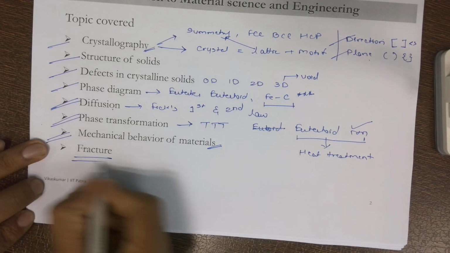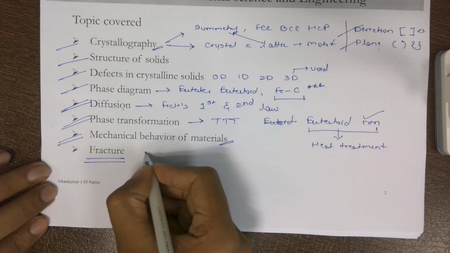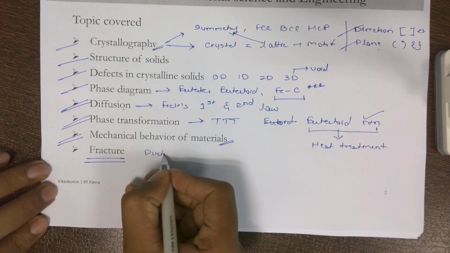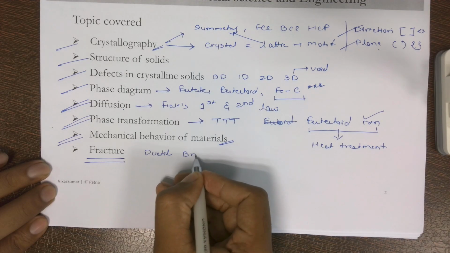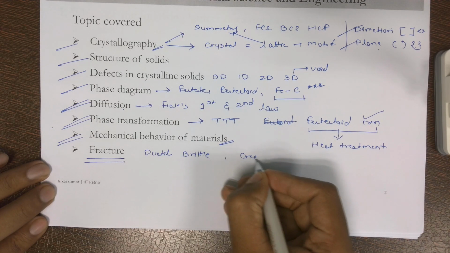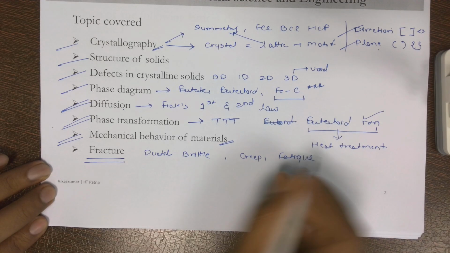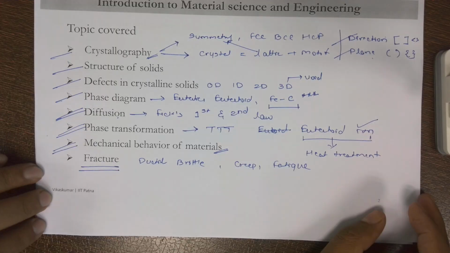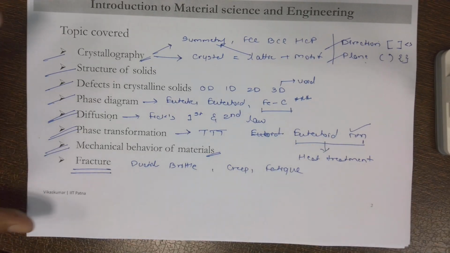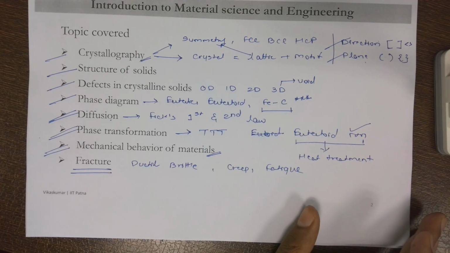At the end, which was the last week, week 12 content, we discussed fractures: ductile fracture and brittle fracture. In this, we also discussed the creep mechanism and fatigue. So on an average, this is the list of the content that has been covered in this particular course.